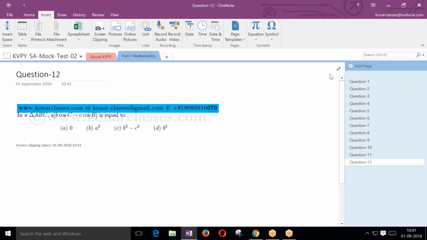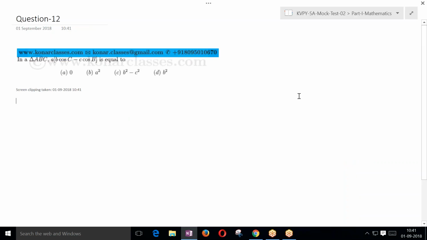So the question here is, in a triangle ABC, the value of a(b cos C - c cos B) is equal to what? I explained in some of our previous classes that in the properties of triangles, a triangle has 6 attributes, 3 sides and 3 angles.